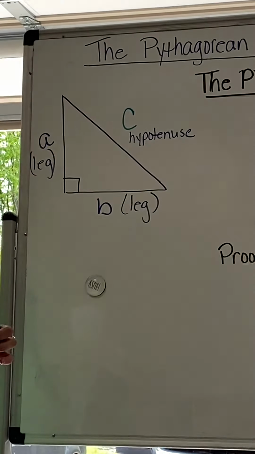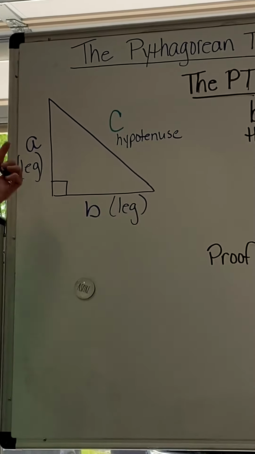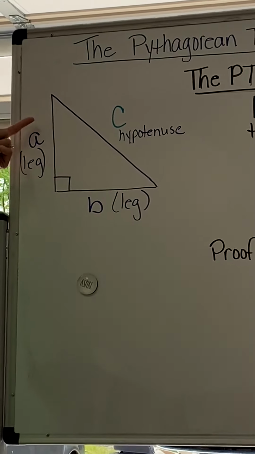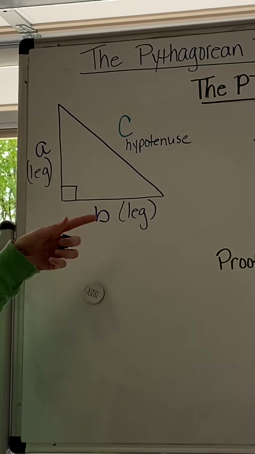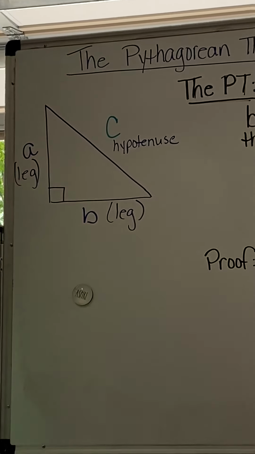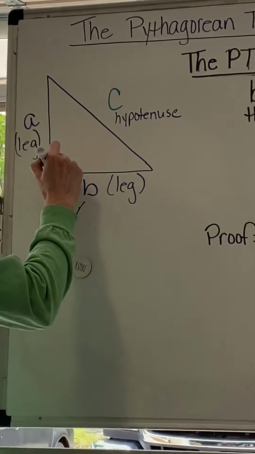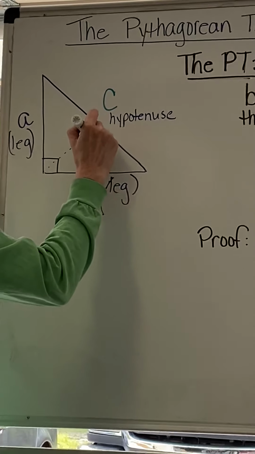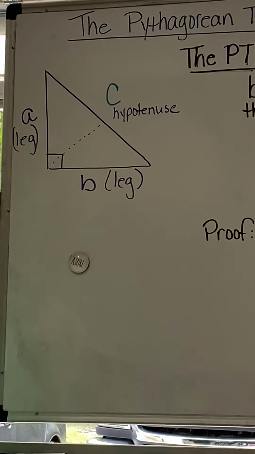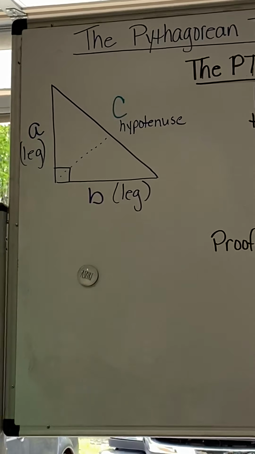It's always going to be C. A and B can kind of be interchangeable. It doesn't matter if I call this one B and I call this one A, but this side of the triangle has to be called C, and that's called the hypotenuse. You can also think about it as the part of the triangle that's across from the right angle. It doesn't actually make the right angle.